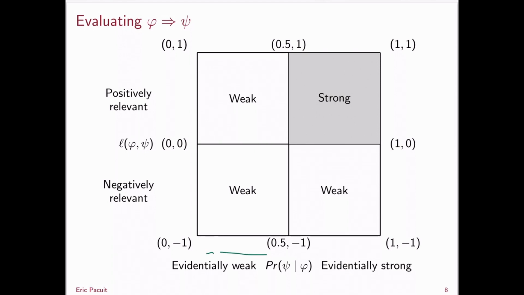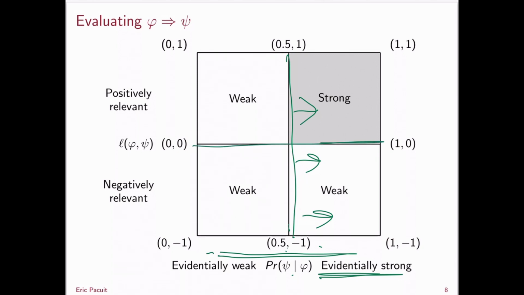So along the x-axis here, we are measuring the evidential support of phi to psi. So if this number is above 0.5, so if we're in this half of the grid, that means phi does evidentially support psi. The argument is evidentially strong.